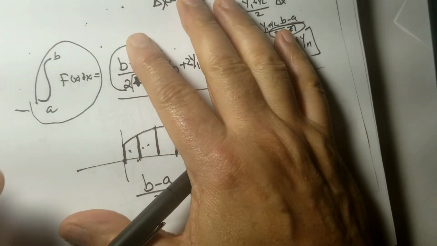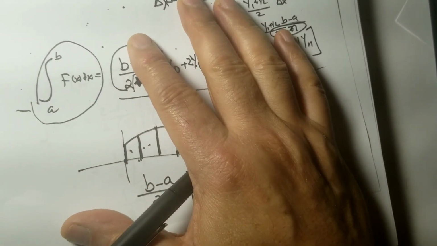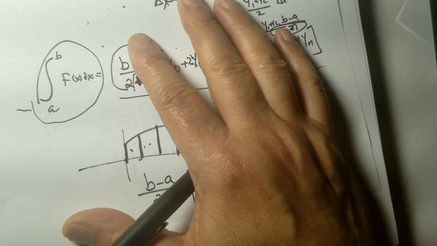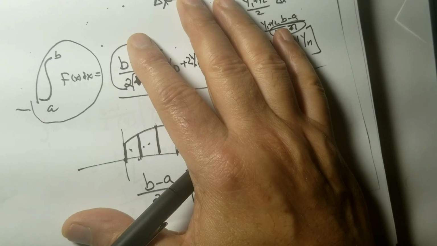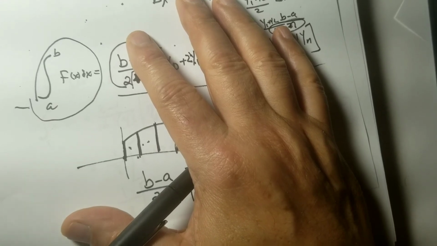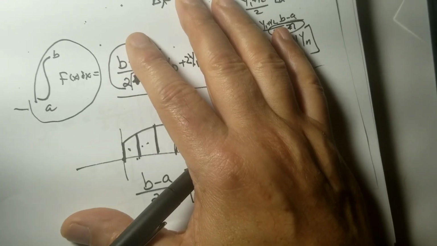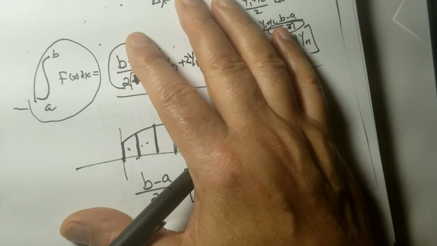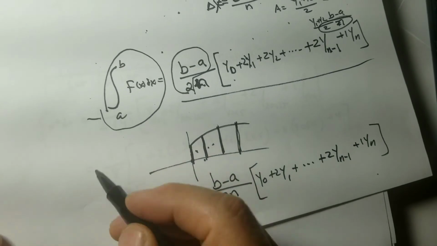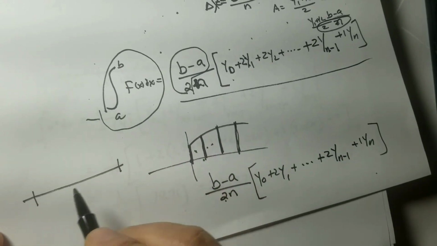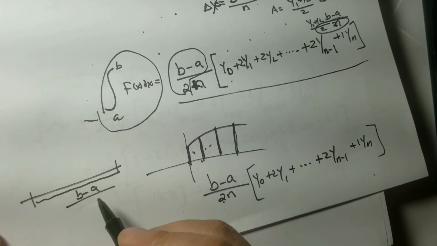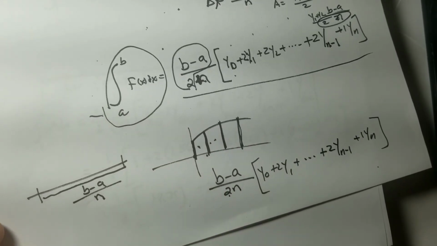Repeat it, I'm not looking at anything, my eyes are closed: y1 plus 2y2 plus 2y3 plus 2y4 plus 2y5 plus 1y6, all over 2 times delta x. And what is your delta x? b minus a over n, because you have to take your b minus a and divide it into so many trapezoids.